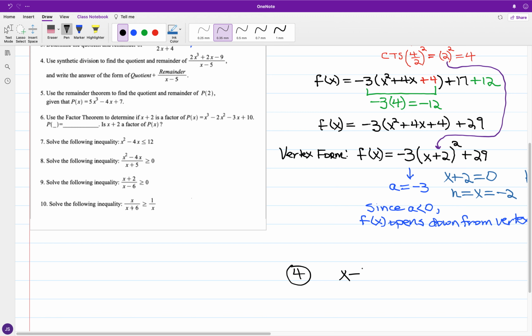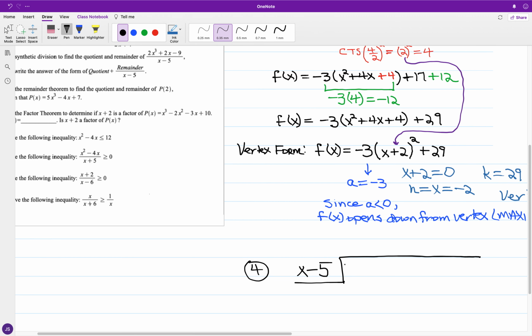So you have x minus 5, the divisor, and I can use synthetic division. Since the leading term is x, the coefficient is 1 and the degree of x is 1. And we have the dividend, 2x cubed.